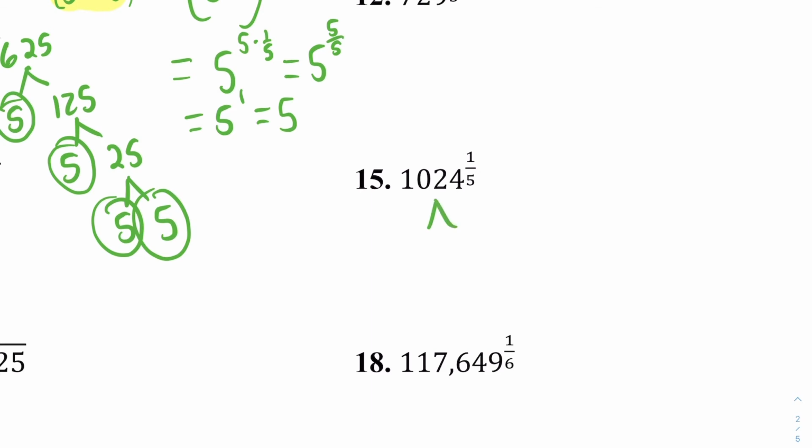1,024. 1,024 might be divisible by 4, so let me do 1,024 divided by 4. It is. It goes 256 times.